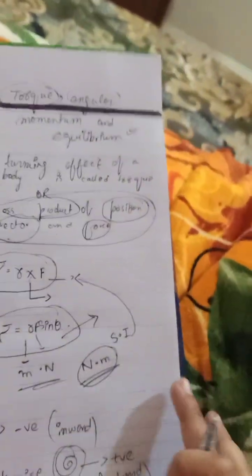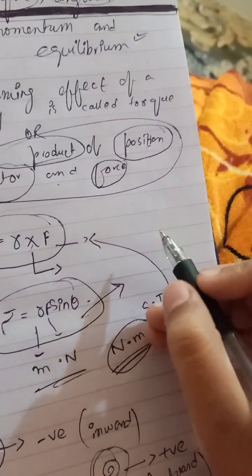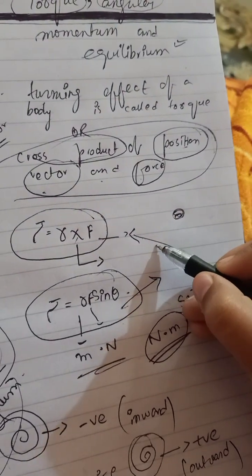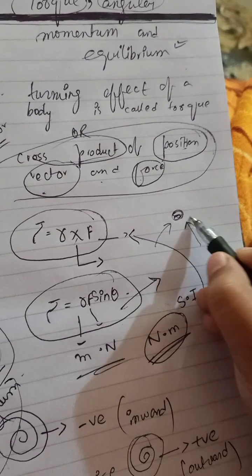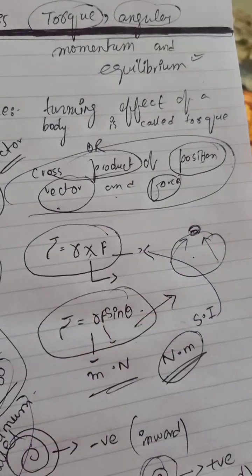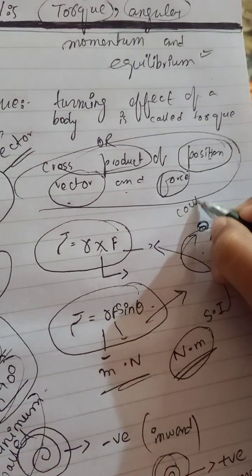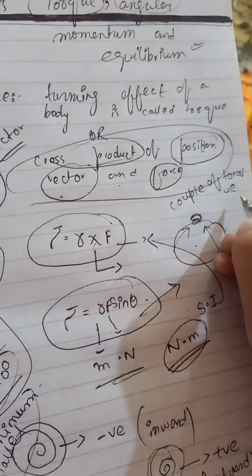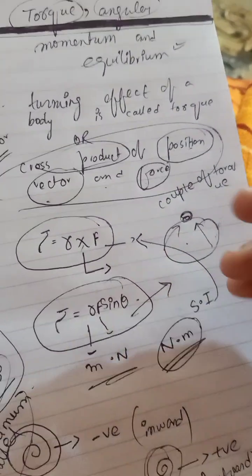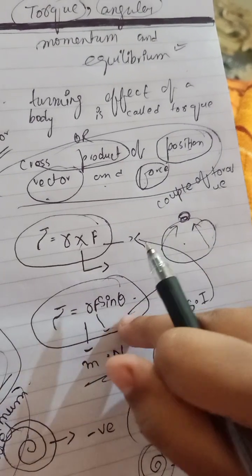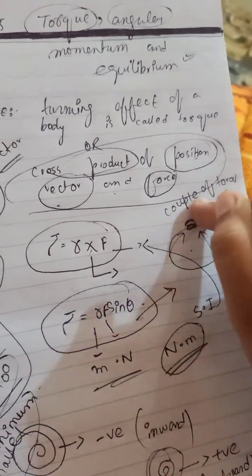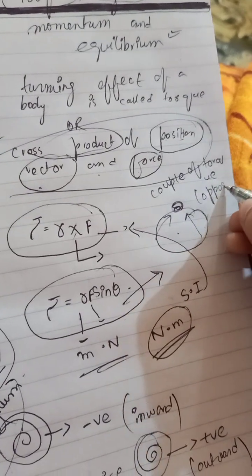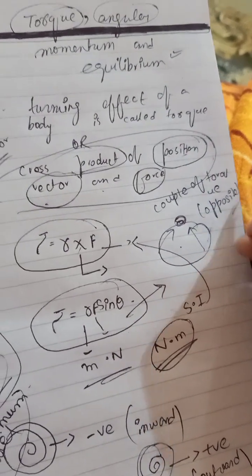Okay, if there are two forces acting on a body, from here and from here, we call that a couple of torque. They are in opposite directions, so the couple of torque is always in the opposite direction.